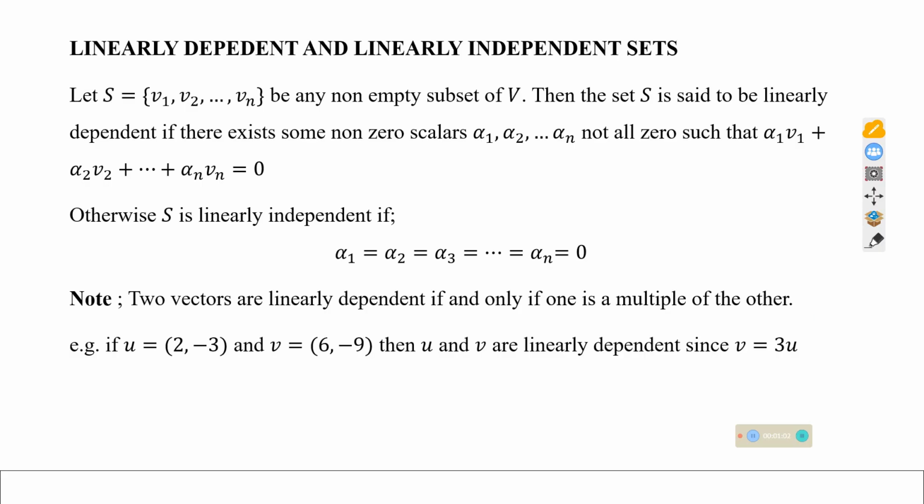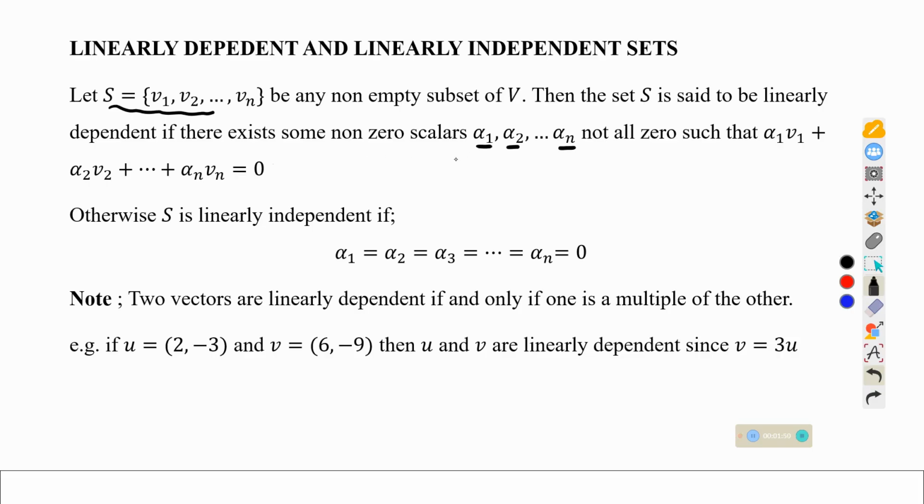When you are given a non-empty subset S of a vector space V, in other words, consisting of the vectors V1, V2 up to Vn, then we shall say that this set is linearly dependent if we are able to get some scalars alpha 1, alpha 2 up to alpha n, not all equal to 0, such that alpha 1 times V1 plus alpha 2 times V2 plus up to alpha n Vn gives 0.